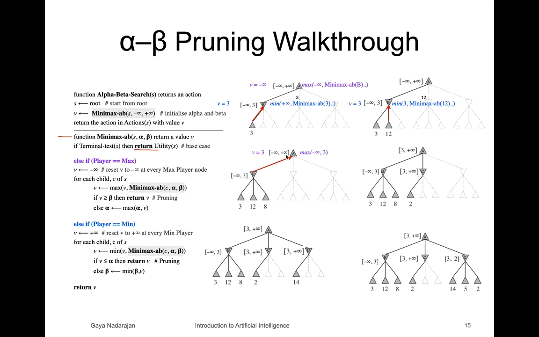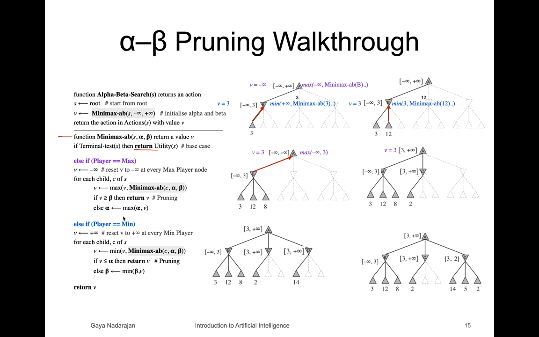Beta here is plus infinity, so it's not, so we don't go there. Then alpha is going to be the maximum between alpha and v. Alpha here is minus infinity and v is 3, so obviously v is bigger, so alpha gets updated and became 3 as a result of this.